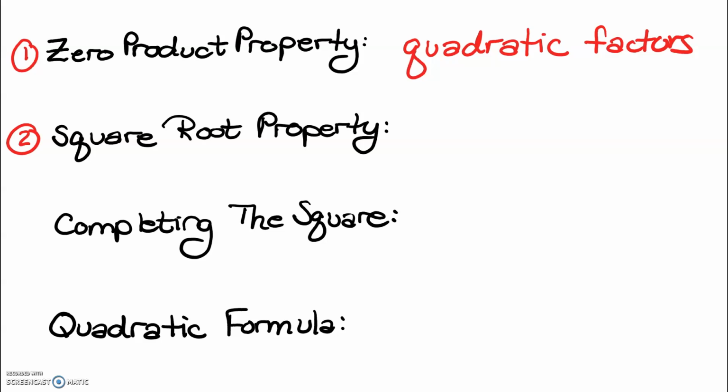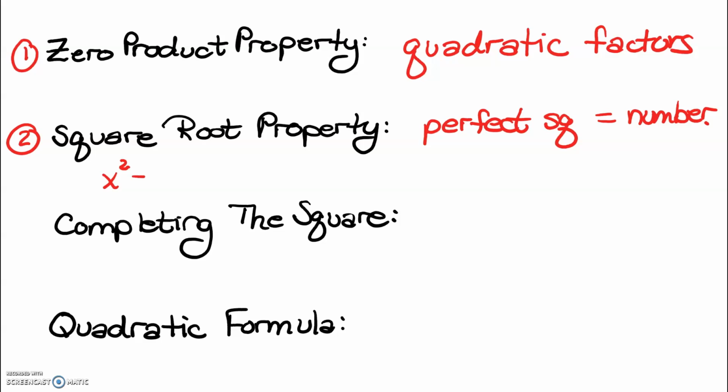When can you use the square root property to solve a quadratic? The only time you can use it is if you have a perfect square, if you can set it up in the form such that you have a perfect square that equals a number. All right, so you can use it when you have something that looks like this: x squared equals any number, 7.